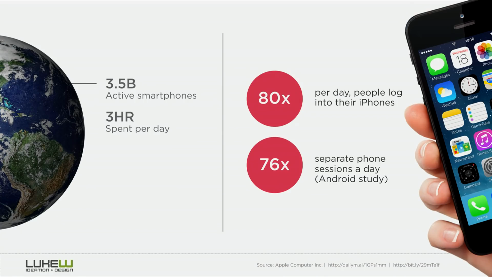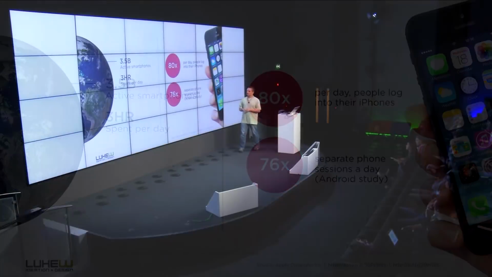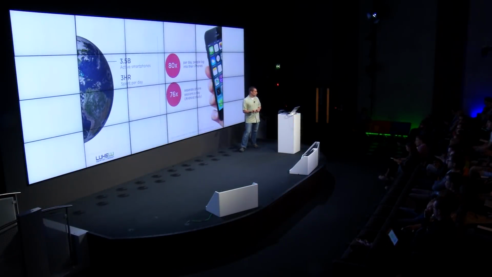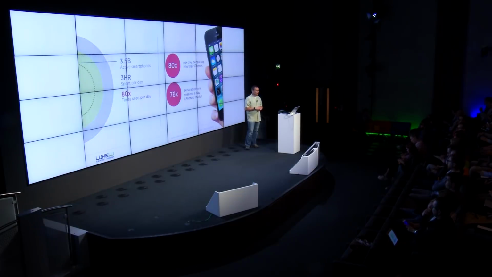Android, if you look at different studies there, a pretty recent one pegged that number at about 76 times on average. I'm just going to use 80 times per day because it makes my math easier, and I'm not very good at math. So 3 hours spent per day across about 80 uses.